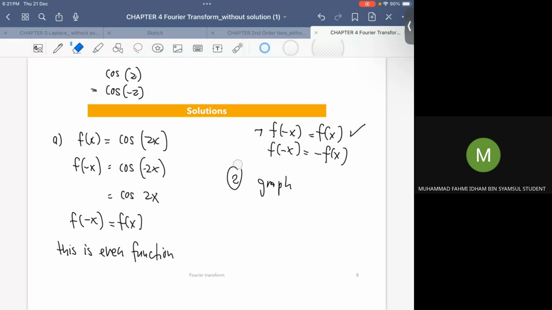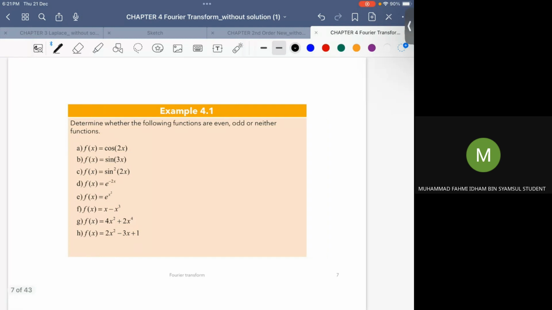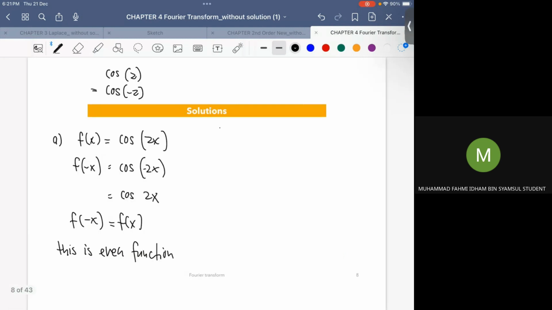But for b, we have sin 3x. So f(x) equal to sin 3x. We try to put negative x, so this will become sin negative 3x.